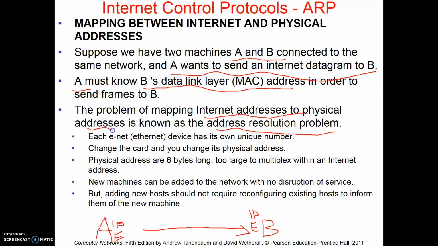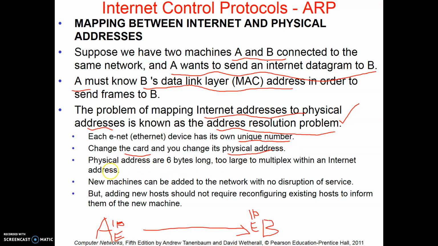So what are the cases in which we use the address resolution protocol? As we already know, each and every Ethernet card or device will have its own unique Ethernet address or MAC address. If we change the Ethernet card, then the physical address will also change.